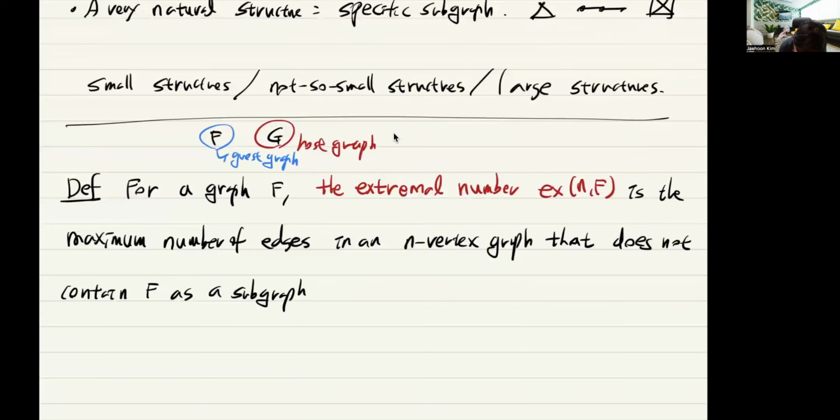This name is motivated by thinking of finding F inside of G as embedding: we want to put this F into G. We assign each vertex of F to a vertex of G so that all the edges correspond to edges. In that way, we are putting this in here, so this is host, this is guest.